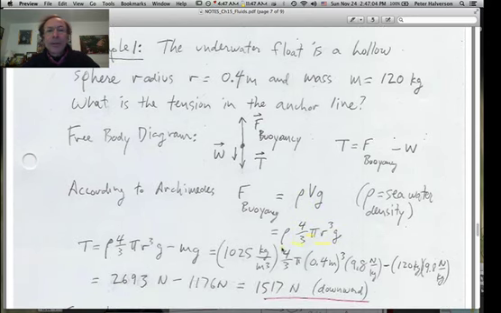And so, we've got the density here, and I put here the formula for a sphere. The volume of a sphere is 4/3 pi r cubed. That's this right here. So there's your volume. And rho times the volume is the mass, and then the mass times gravity gives you the weight.